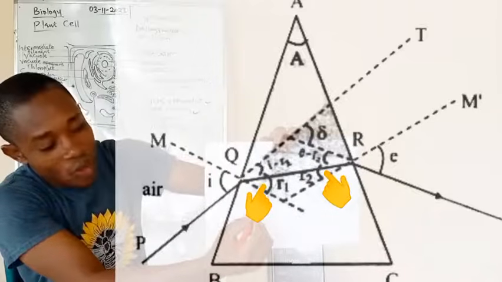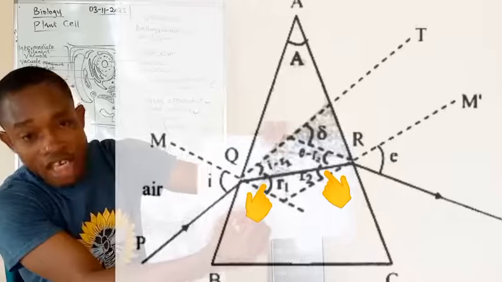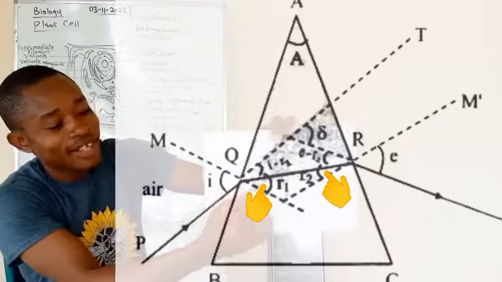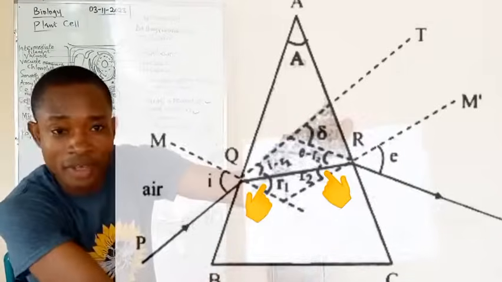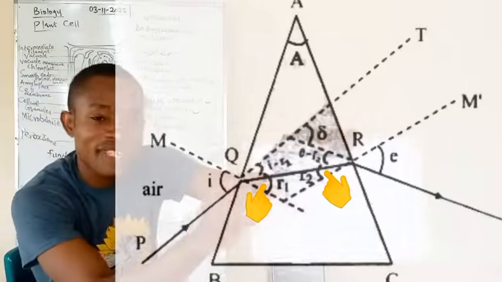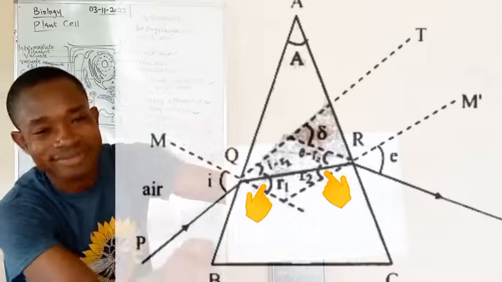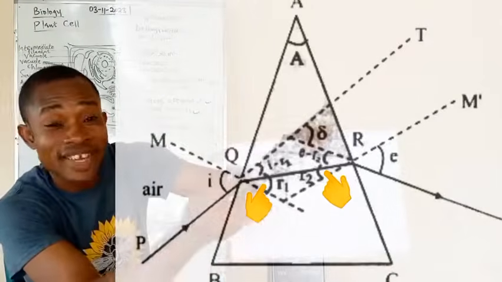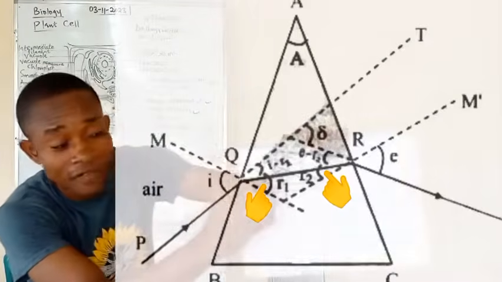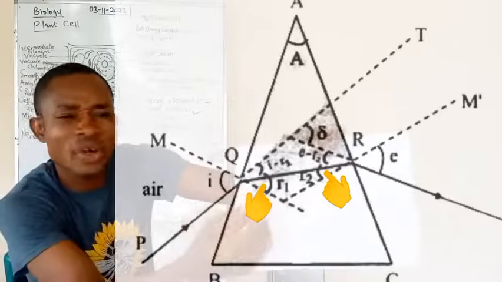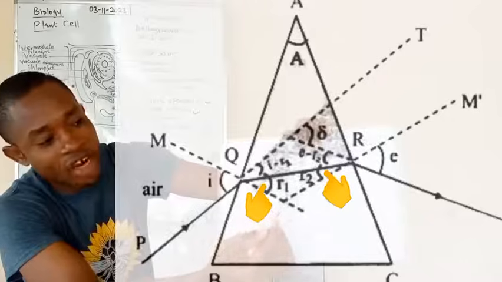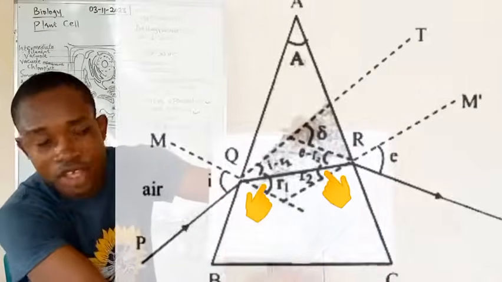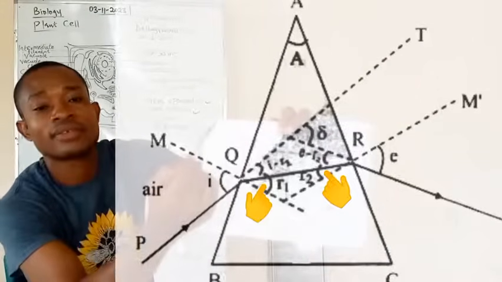That refracted ray will hit that face and then come out. Because it is hitting face AC and coming out, we can refer to that refracted ray as the incident ray at face AC. Then coming out, it will refract through this emergent ray.